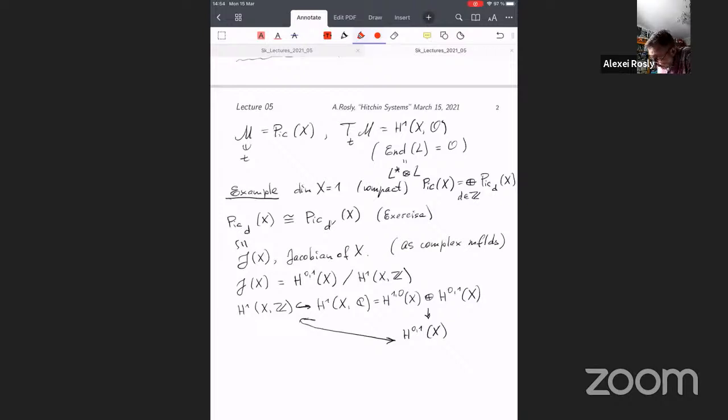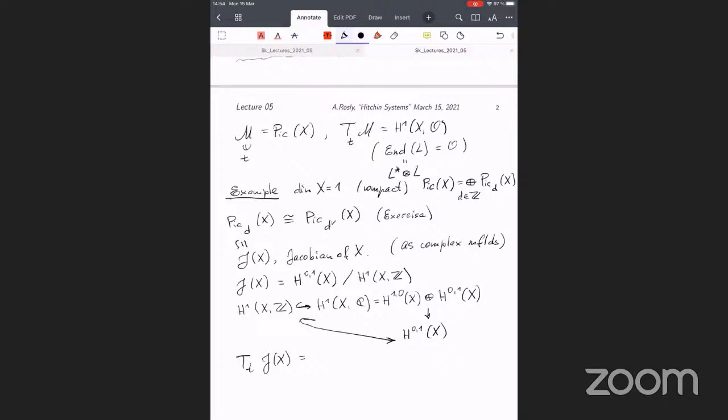Now, the tangent space to the Jacobian manifold, to the torus, at any point t, is of course the same as the affine space which we used to obtain the torus.